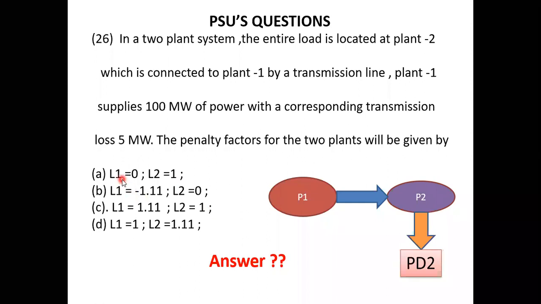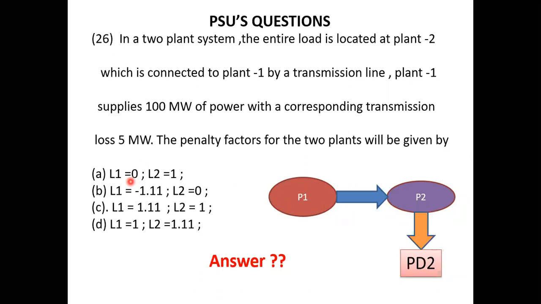Then coming to the L1 value. In the A option, the L1 value is 0. In the C option, the L1 value is equal to 1.11. Now tell me, when I was explaining the significance of penalty factor, what would be the possible values of your L1? Is it possible to have L1 value equal to 0 practically?